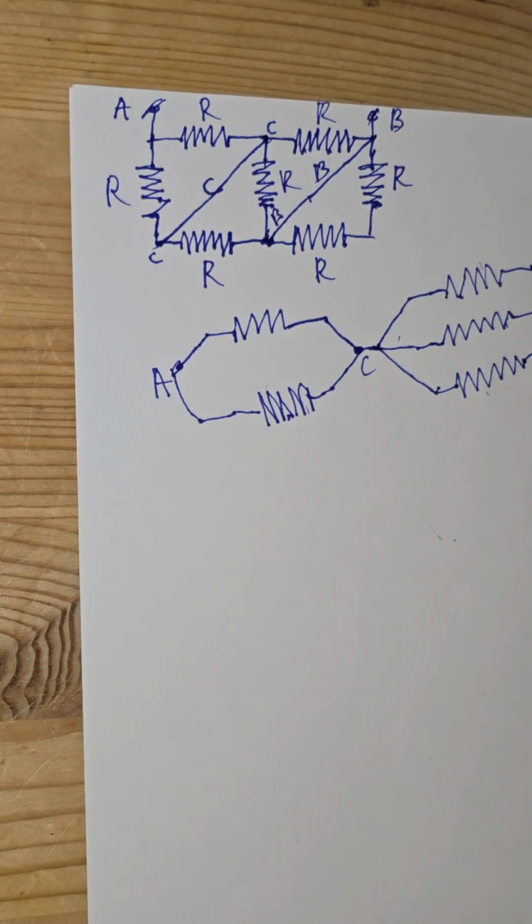Series connection is when the resistors are connected with each other with one point, and one point with another resistor or battery, like this.